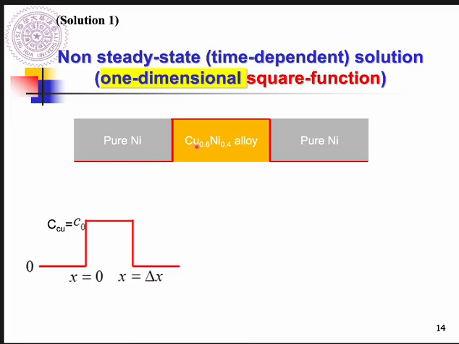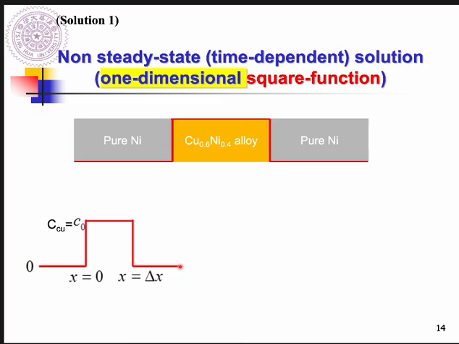When diffusion happens, we believe the copper will diffuse to the left-hand side and the right-hand side simultaneously, at the same time. The concentration profile change mainly happens along one dimension, so we call it a one-dimensional square function. So how do we get this concentration profile as a function of time and location?